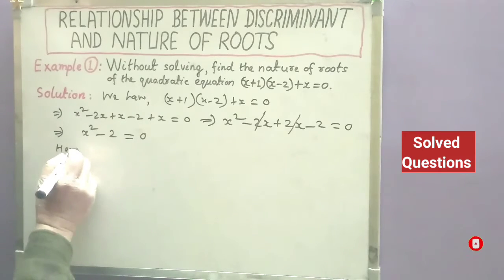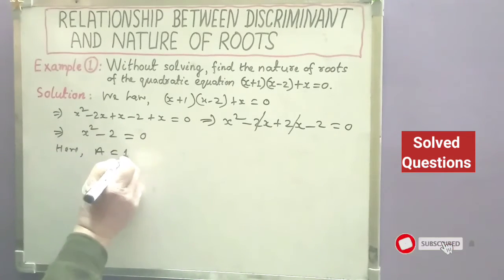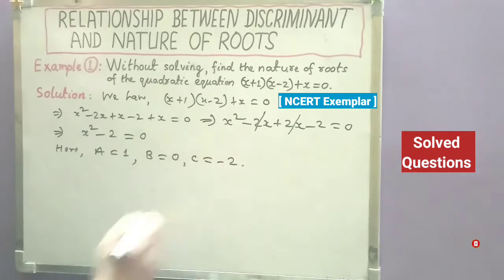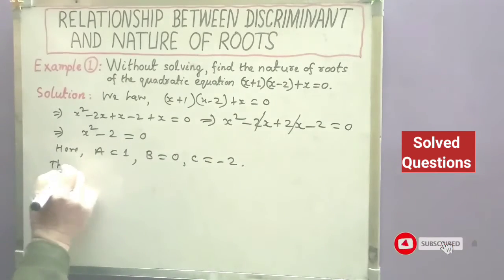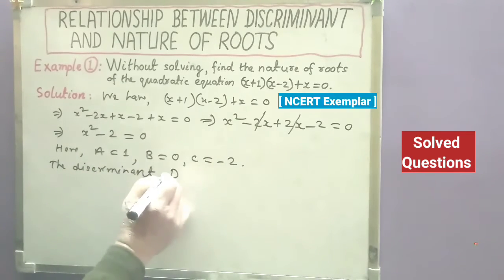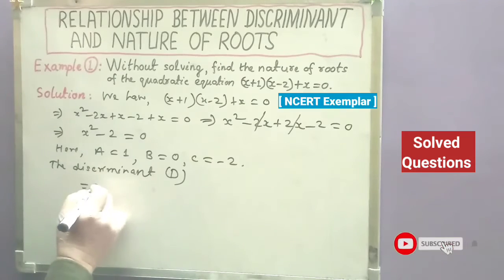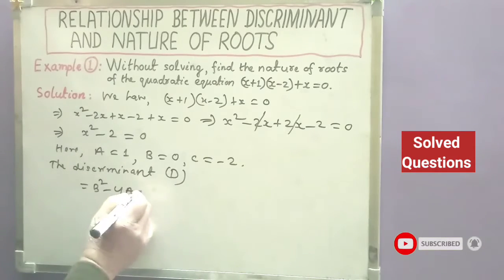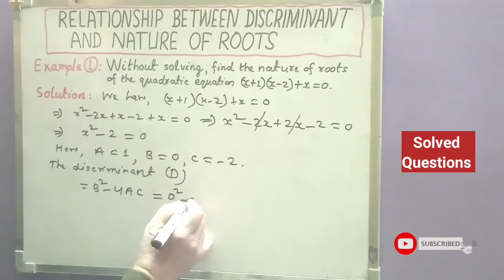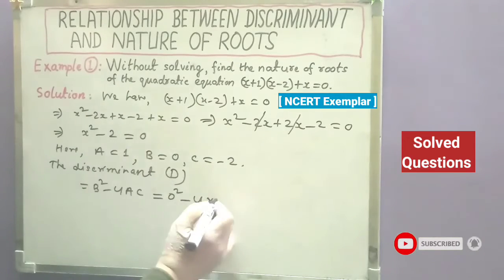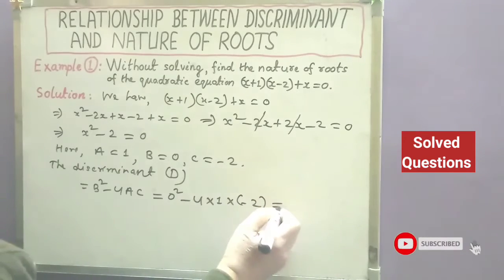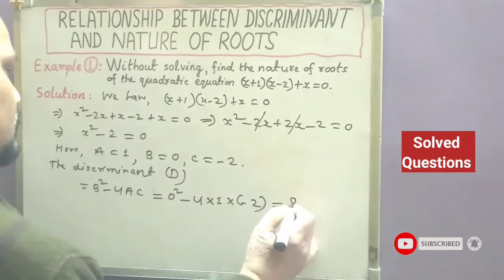Comparing it with the standard form of the equation, we have a = 1, b = 0 and c = −2. Now, the discriminant D is given by b² − 4ac, which equals 0² because b = 0, minus 4 × 1 × (−2), that equals 8.